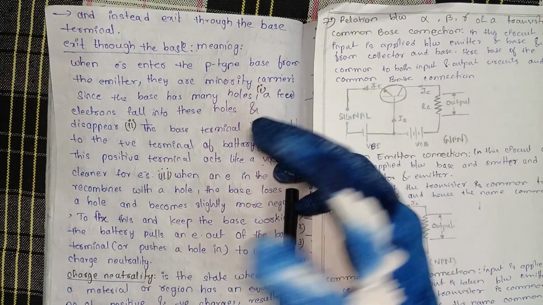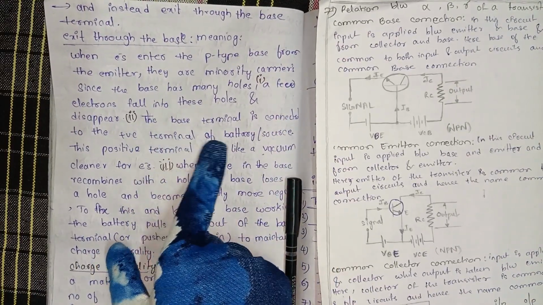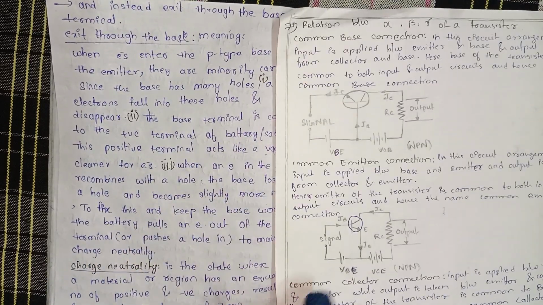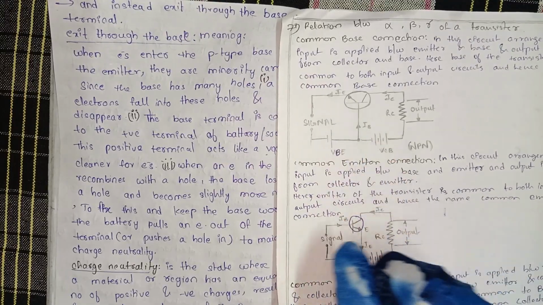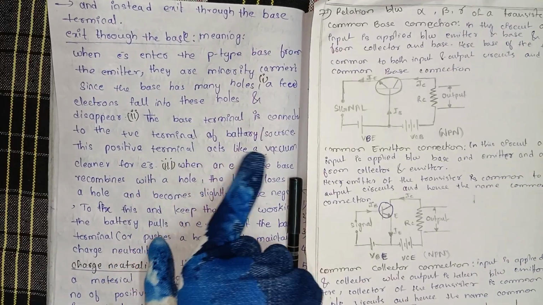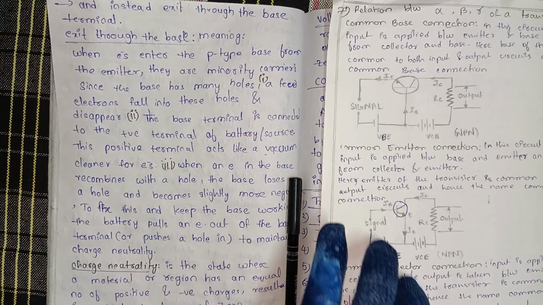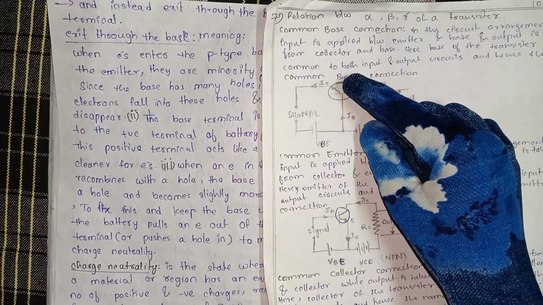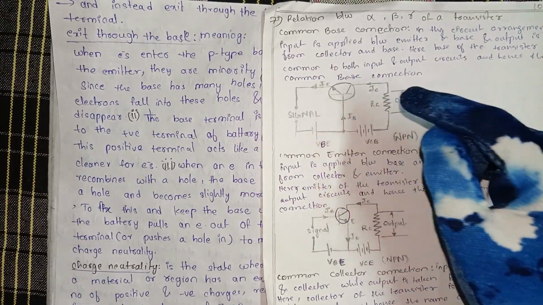The second reason is the base terminal is connected to the positive terminal of the battery or source. So this positive terminal acts like a vacuum cleaner for the electrons.